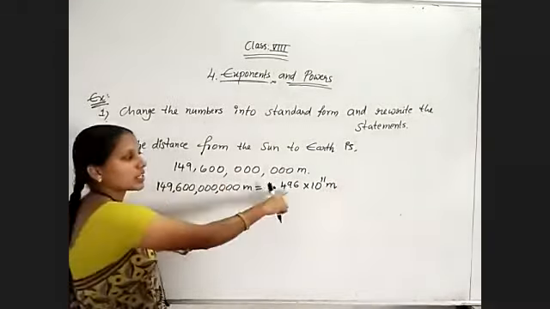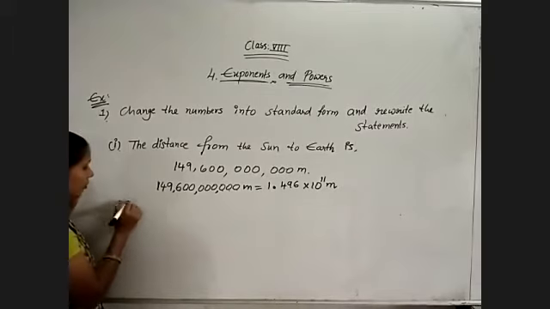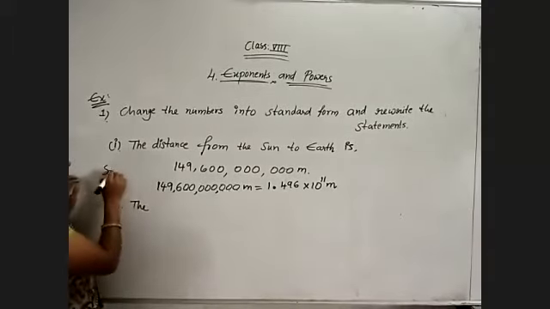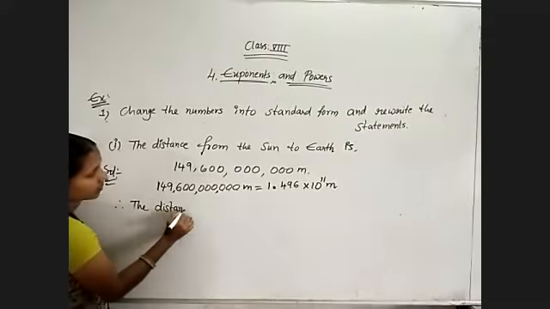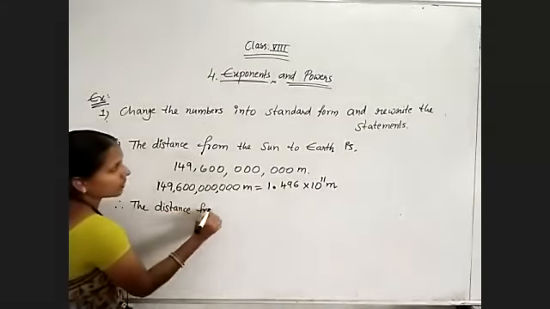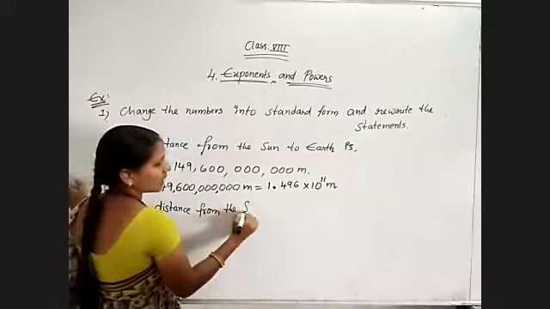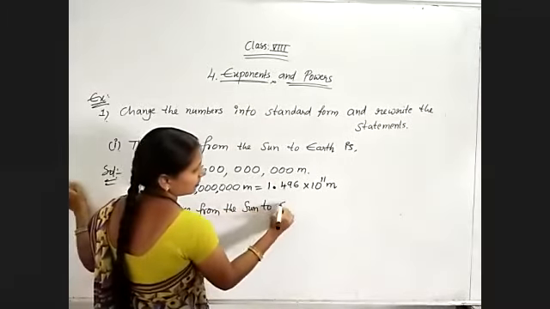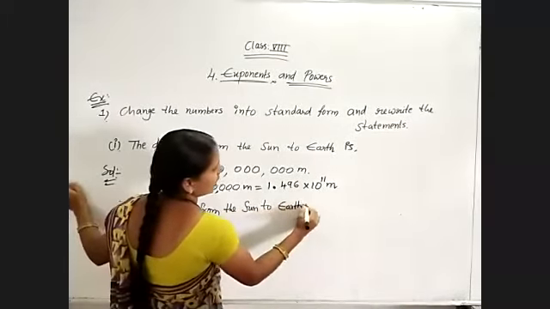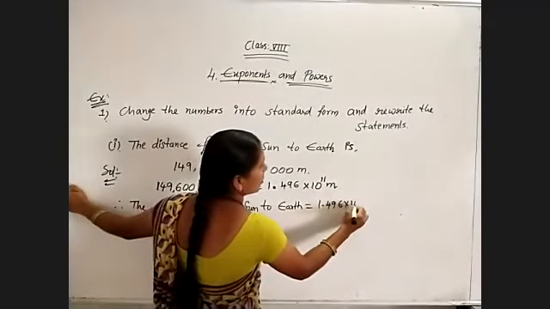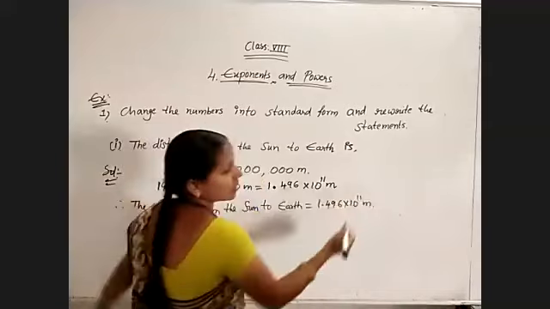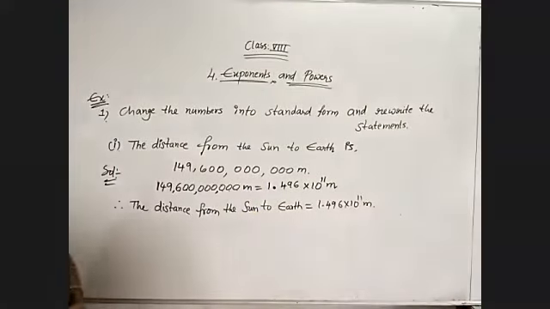Okay. Now, read out the statement. The distance from the sun to earth is equal to 1.496 into 10 to the power of 11 meters. I hope you understood now.